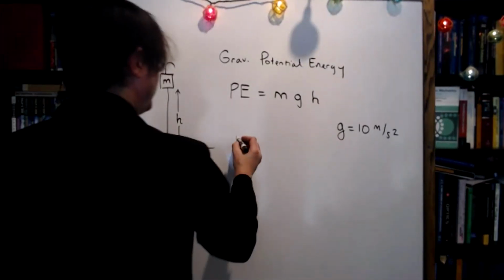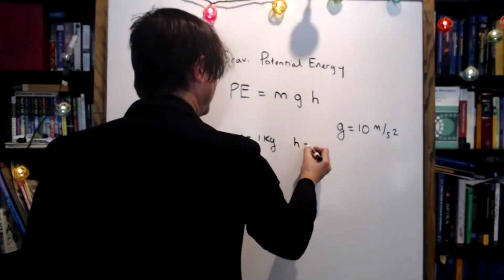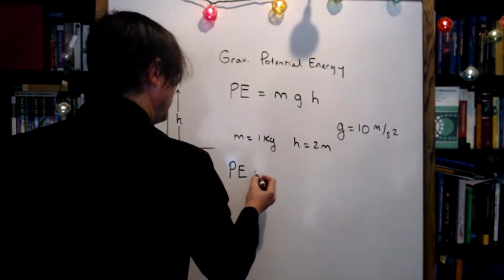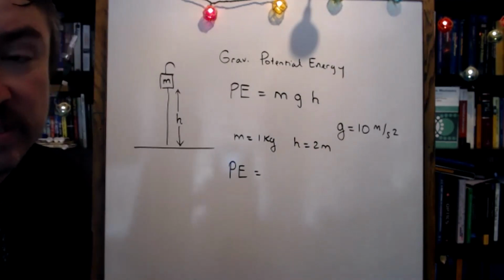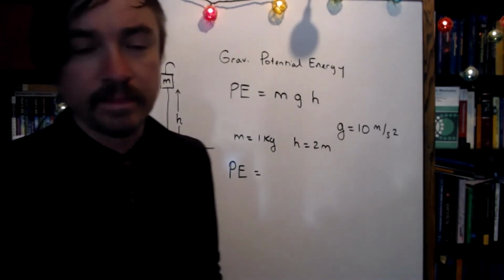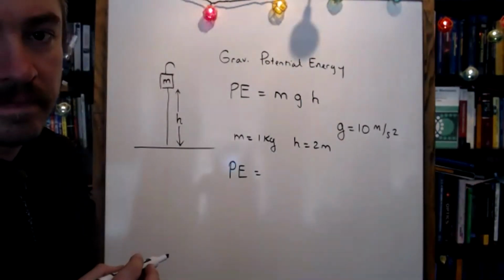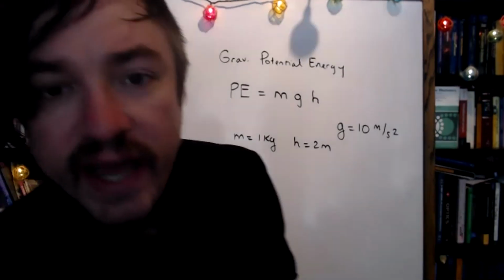Last time, I took a test mass of 1 kilogram. I suspended it at a height of 2 meters. And what did we discover our potential energy was? This is the very last thing we did before class ended. Okay, well, then you're going to have to do it again.